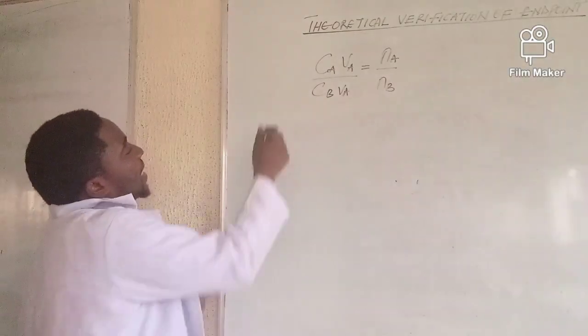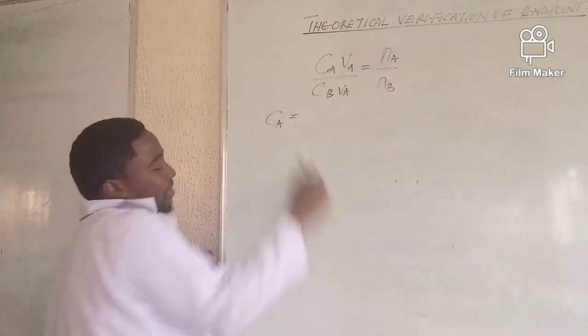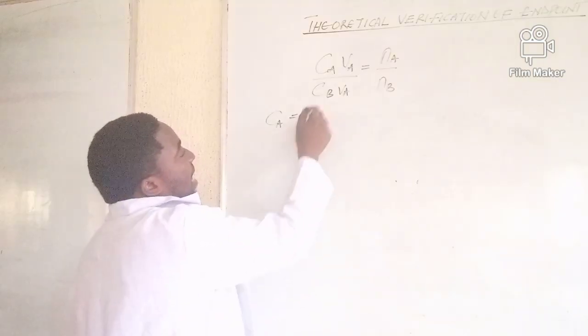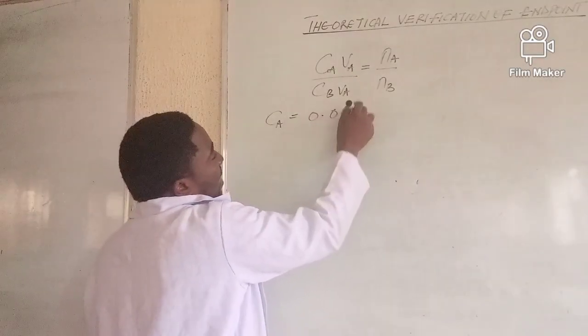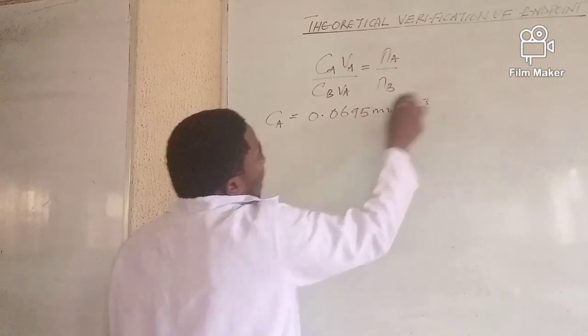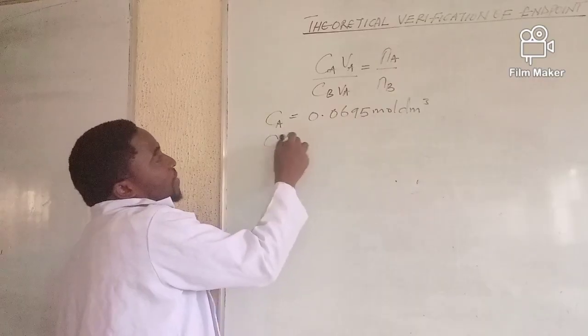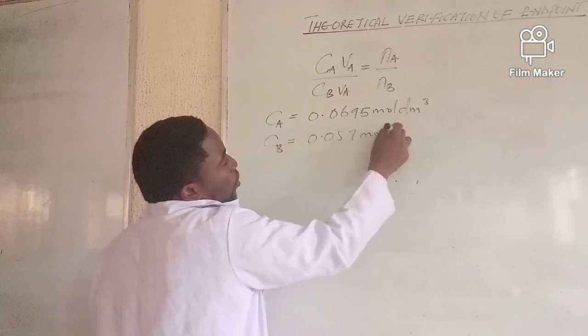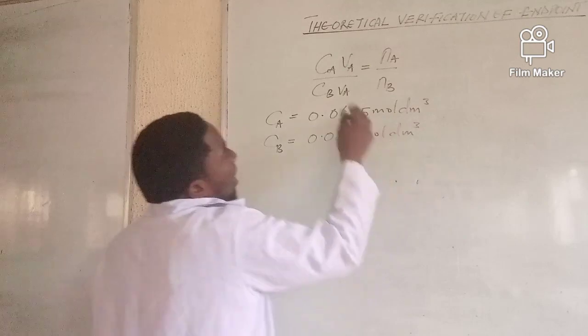From here, I already have my Ca, which is the concentration I just calculated, as 0.0695 moles per dm cube. And then I have my Cb to be 0.057 moles per dm cube.